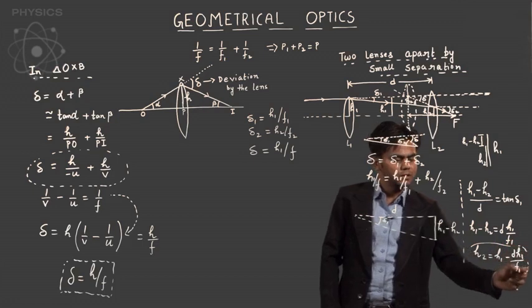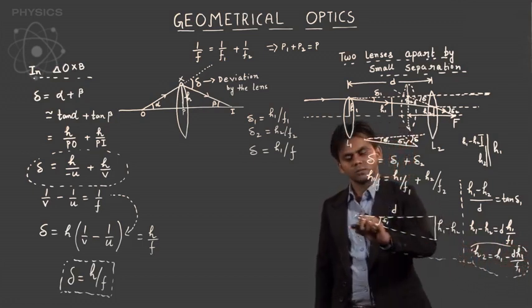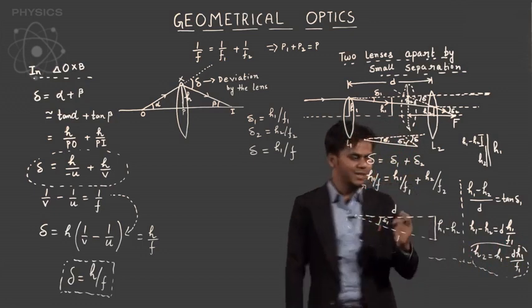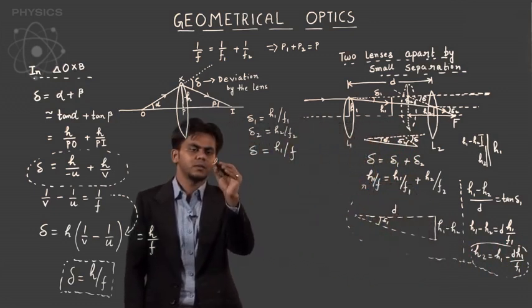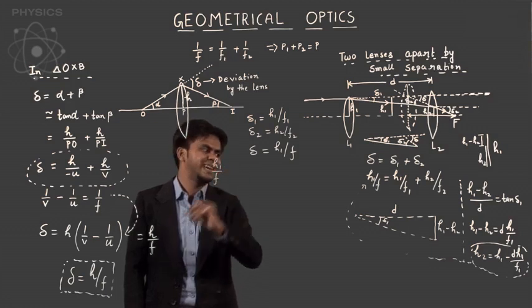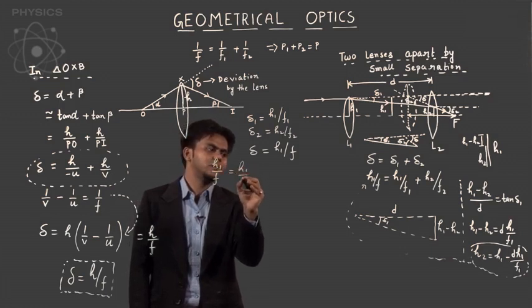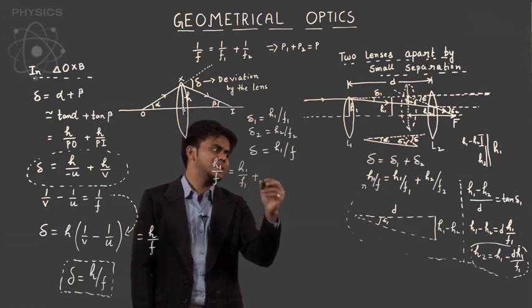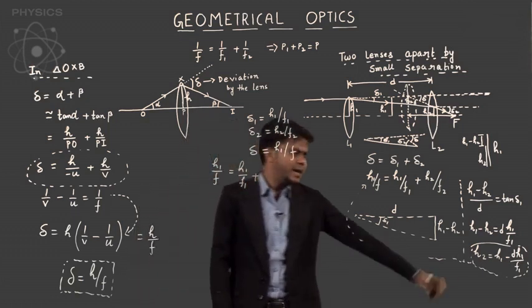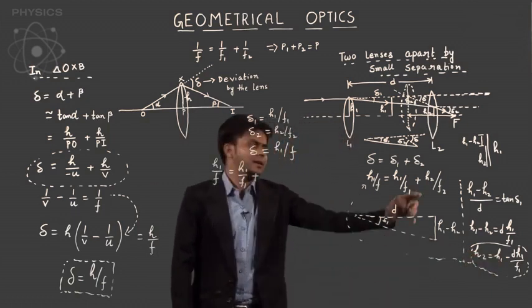Let's just use this thing from here onto here. What we are left with is H1 upon F is equal to H1 by F1 plus H2 by F2. H2 is this quantity. So first H1 by F2.